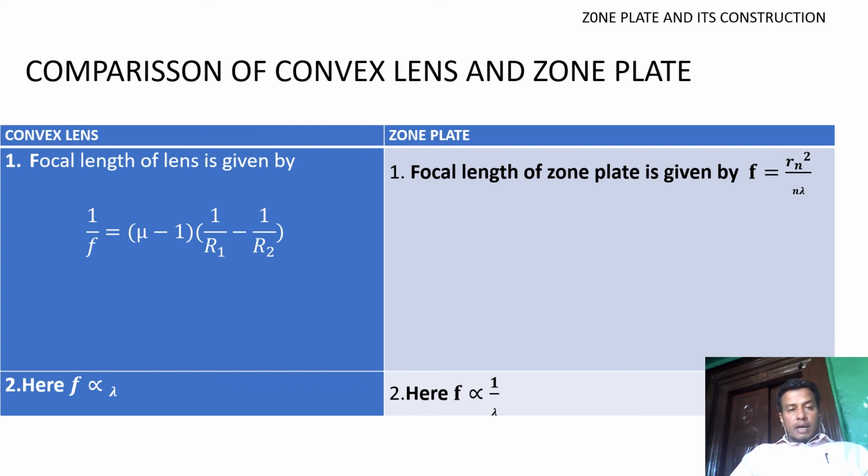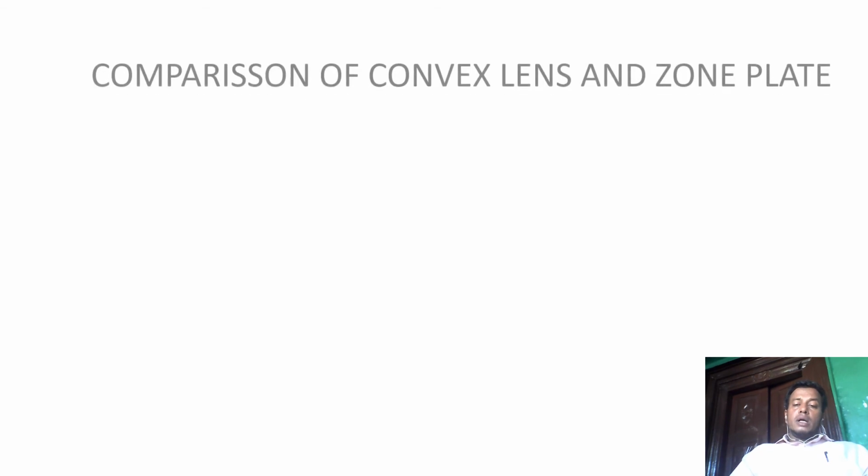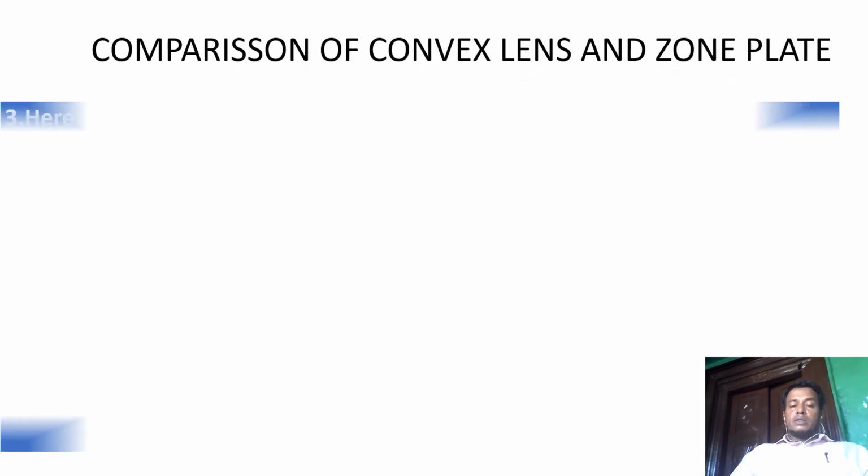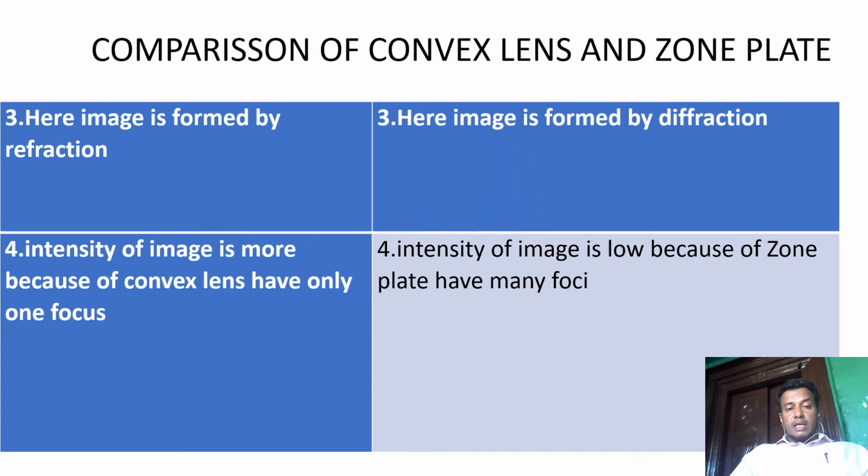These are the comparisons of the convex lens and zone plate. Further, the image in a convex lens is formed due to refraction, whereas in the zone plate the image is due only to diffraction.